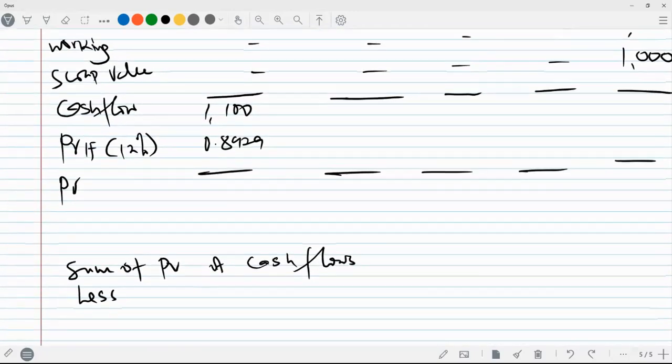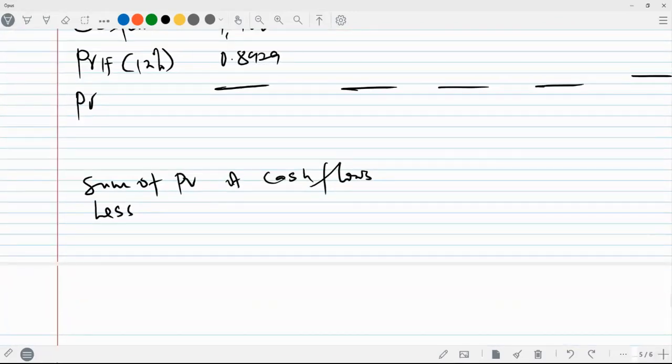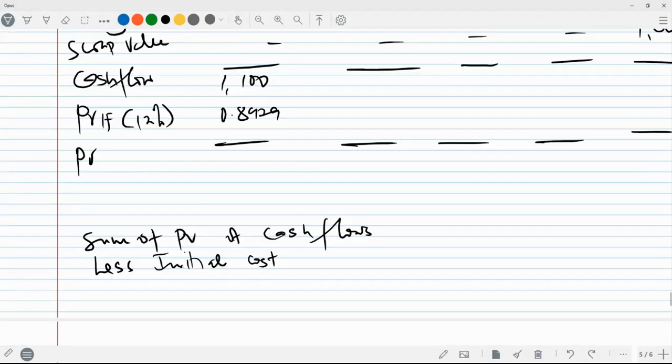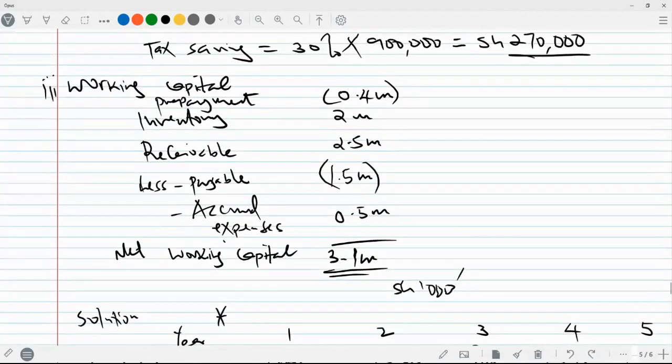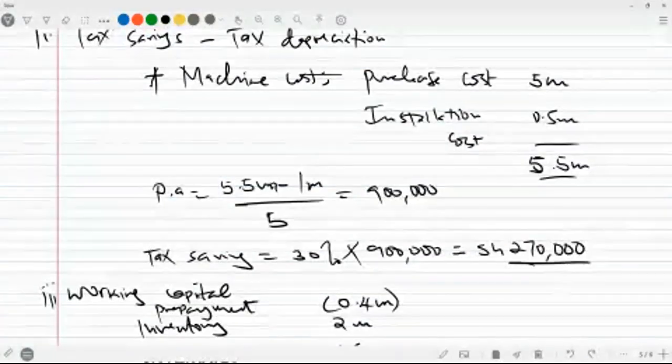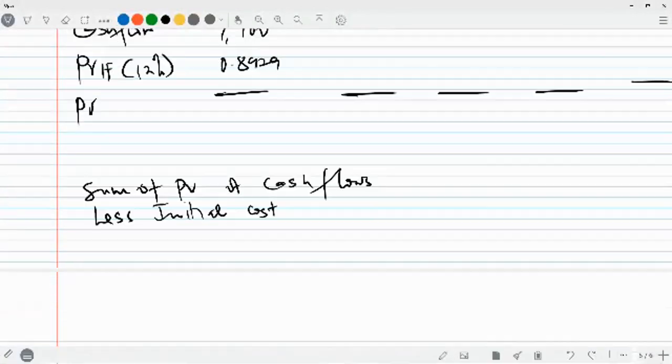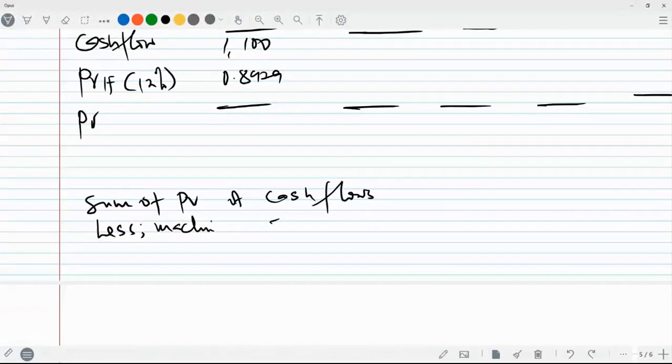Less the initial cost. The initial cost is the machine purchase cost, which is 5.5, but we also have working capital. Don't forget the initial cost.